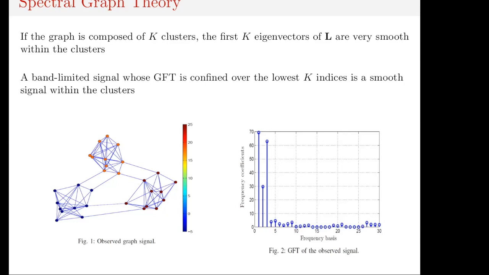For example, if I plot the lowest frequency eigenvector, it will be concentrated in one cluster, and if I plot the next, the subsequent graph frequency component, the coefficient representation of the signal over these components is very small.